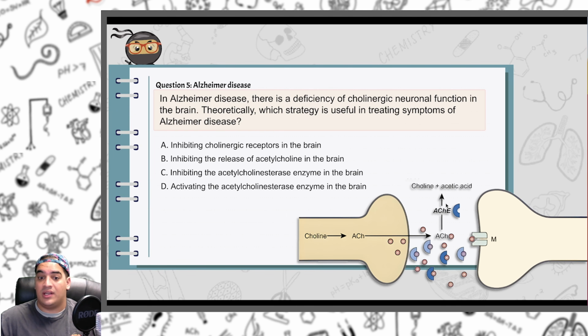No, that would be worse because I'd be breaking down acetylcholine, decreasing acetylcholine in the synapses. So B and D are pretty much saying the same thing, and A is saying that even if acetylcholine is present, it's not going to work at the receptor. Same concept. Overall, it's producing less effect of acetylcholine. We want lots of acetylcholine in the synapse, so it has to be C.